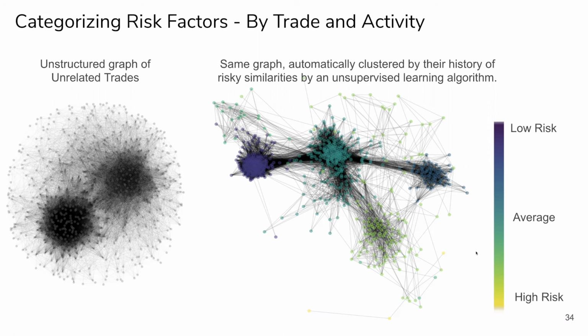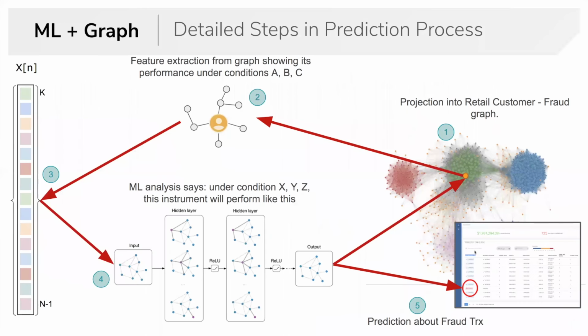So let's take a step up, and let me talk about how this works more generally. So all of the graph analytics we do that include machine learning operate similarly to this type of behavior. So we extract information from the graph you see there in step 1, where we have a known entity, whether it's a company or an individual, and we look at all of their known transactions.